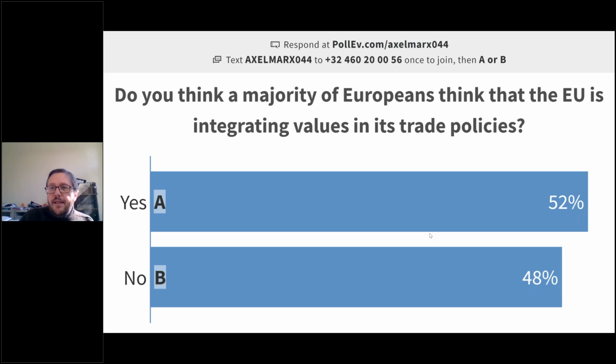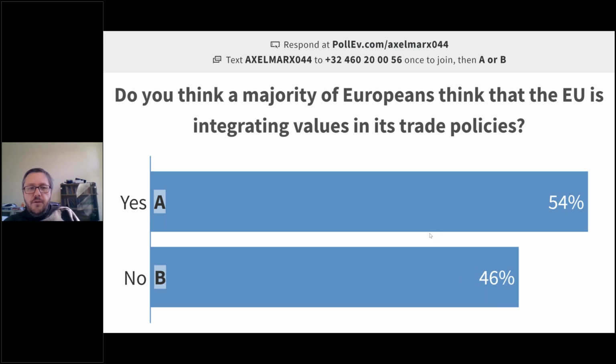And you will see that it's actually fairly balanced in terms of whether you think the EU really integrates values in its trade policy. A little majority thinks it does. A small minority has a bit of doubts, and you will see in a few minutes that the result you come up with is almost identical to what European citizens as a whole think.